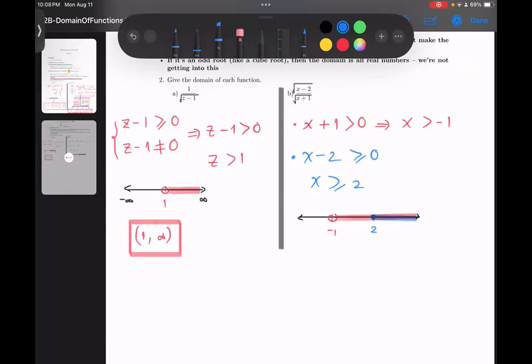We don't want to plug anything between negative 1 and 2 into the function, because the numerator will scream that it's not defined in that region. It's only defined for anything greater than or equal to 2. So we have to pick something they both have in common. Your solution will be from 2, include 2, so we use a bracket, to infinity.